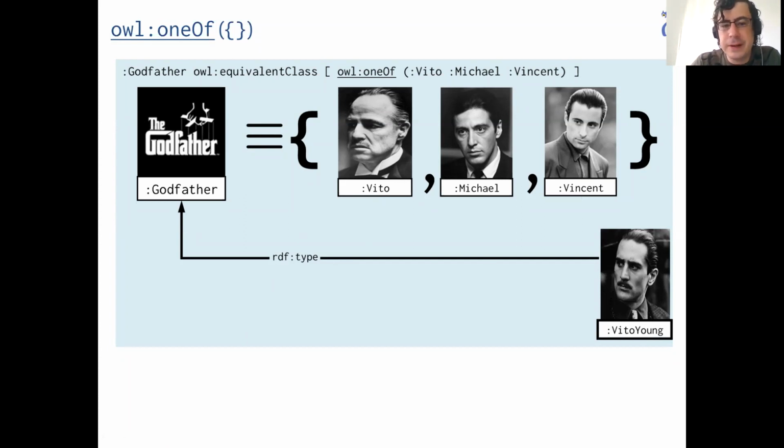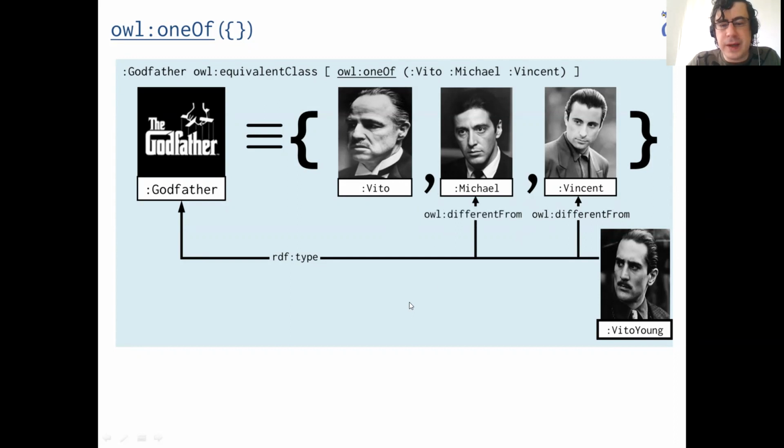If Vito Young is of type Godfather, and Godfather is the class with these three people, then we'd have to figure that Vito Young must be the same as Vito or Michael or Vincent. Somehow he must be the same as one of these three individuals.